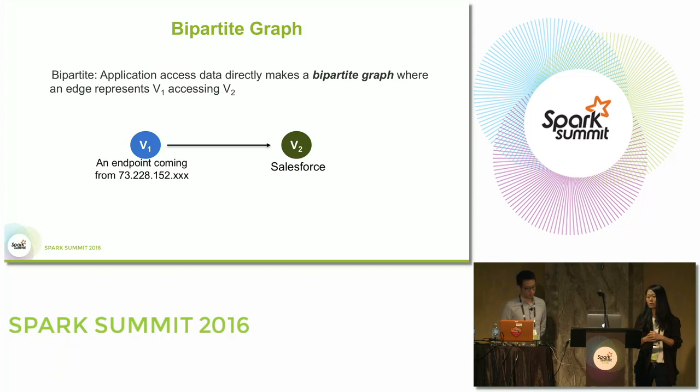So in this two-node illustration, we're seeing an endpoint coming from a single IP, and we call this a feature. Basically, a feature is supposed to uniquely identify an endpoint. And we're seeing this accessing a business entity, here Salesforce.